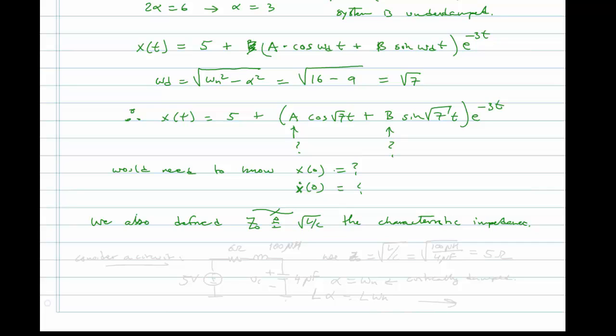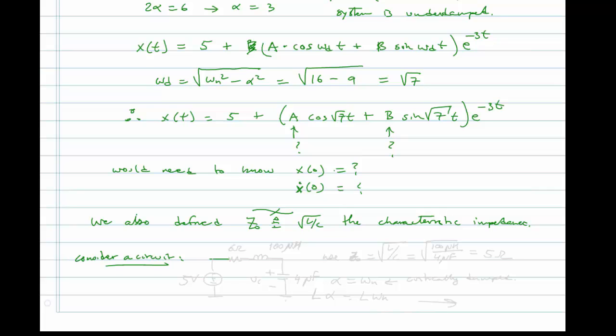So in that case, it was useful to put the differential equation into the standard form using alpha and omega n, and we could very quickly determine whether the system was underdamped or overdamped. If we're given a circuit, okay, so consider a circuit.